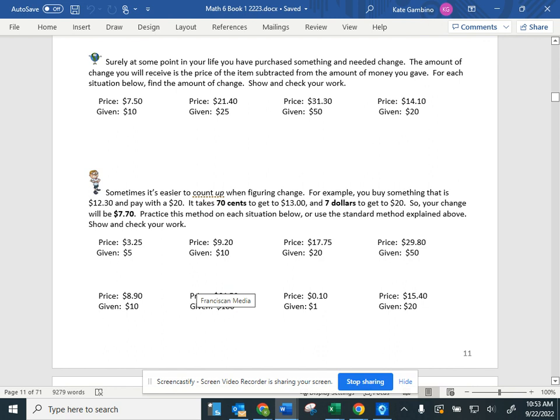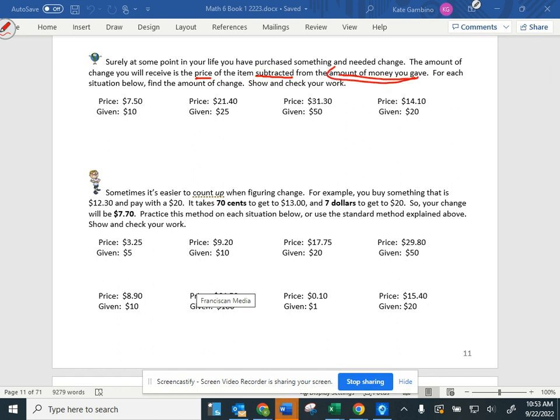Surely at some point in your life you have purchased something and needed change. The amount of change you will receive is the price of the item subtracted from the amount of money you gave. For each situation below, find the amount of change. Show and check your work. What operation are we going to be doing for each of these? Subtraction. Okay, it's the price subtracted from the amount of money that you gave.